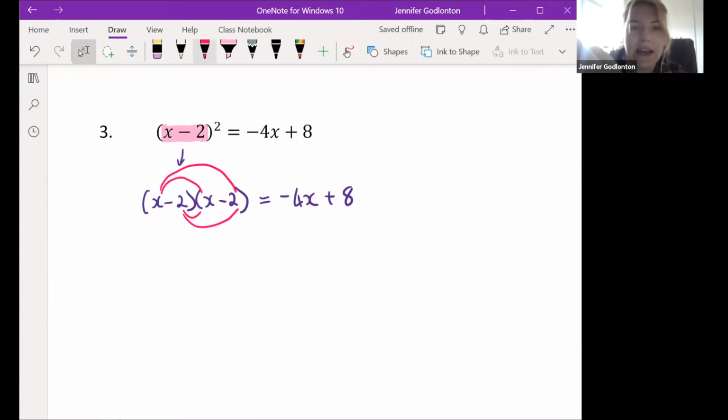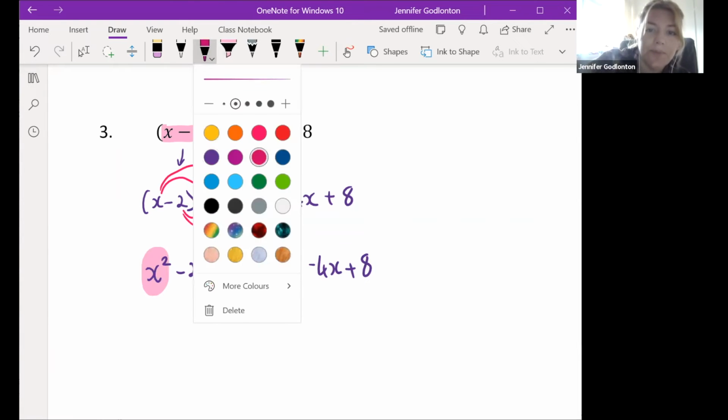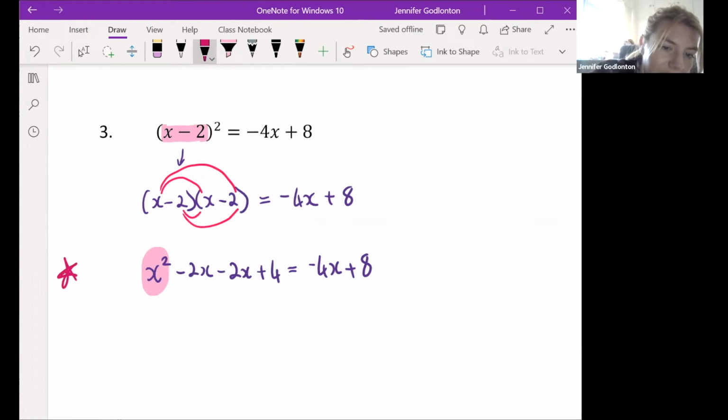Yes, Princess, I'm liking that for your expansion. I'm going to write it up on the screen so far. So we've got x squared minus 2x minus 2x plus 4 is equal to negative 4x plus 8. So what I was saying to Namaza now is that we've got this x squared over there. That x squared is telling us an important thing. It's telling us that this is quadratic.